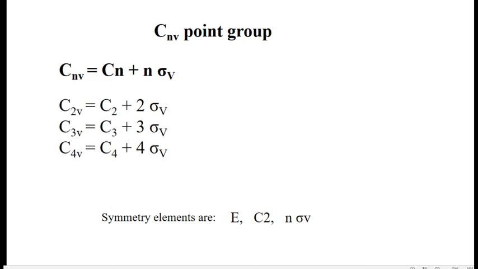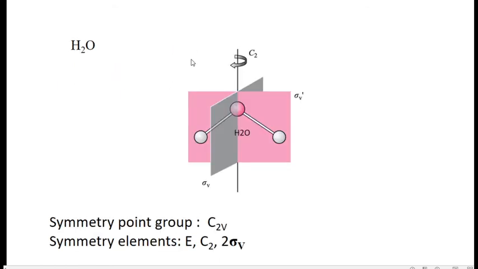Okay, so here the molecule has the symmetry identity E, Cn, and n number of vertical planes of symmetry. For example, if you take the water molecule, one of the imaginary axes bisects the molecule, passing through the central oxygen atom.